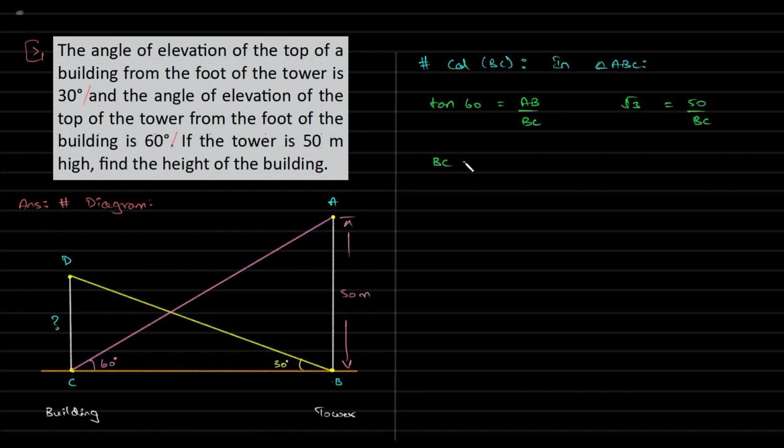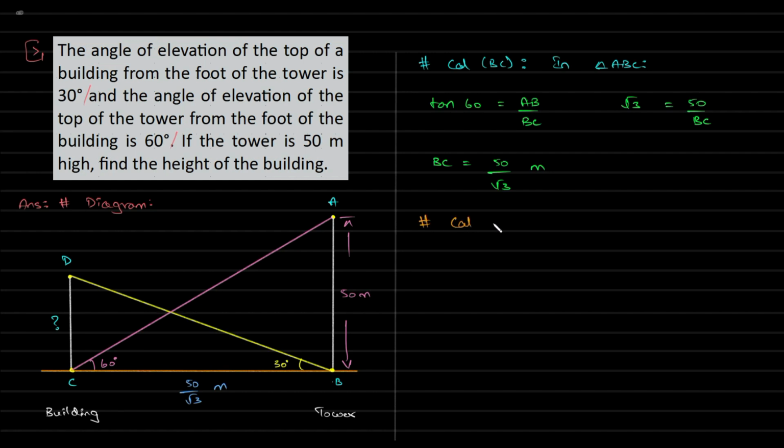So we have BC is equal to 50 by root 3 meters. I'm wondering you guys would have been like, should we not rationalize? Need not, because it's an intermediate answer. It's not the final answer. So not an issue. You can just leave it over there.